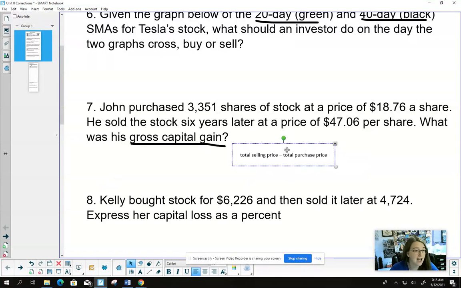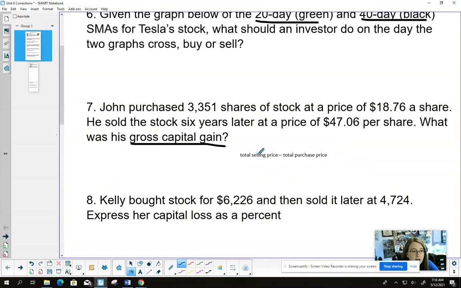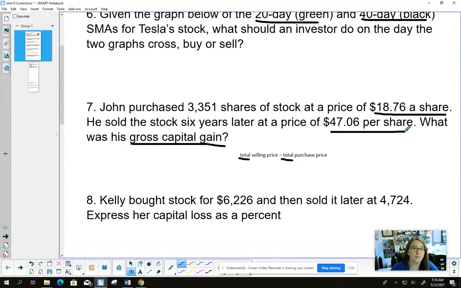If it does not say as a percent, it's not as a percent. The one other thing I had to be careful about is that it says total selling price, total purchase price. What you were given in the question was the per share prices, but he purchased that many shares.